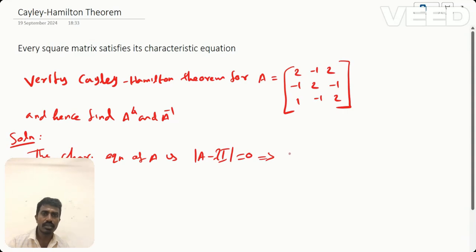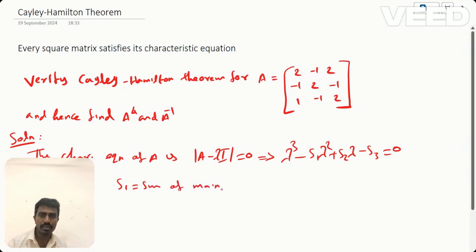That is lambda cube minus S1 lambda square plus S2 lambda minus S3 equal to 0, where S1 is the sum of main diagonal elements. So that is 2 plus 2 plus 2, 6.